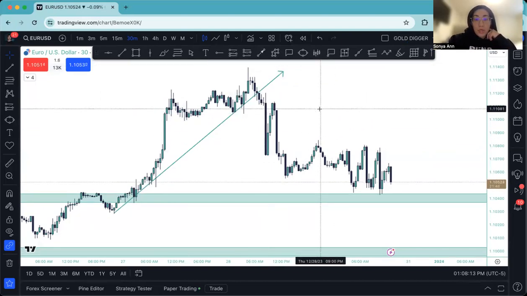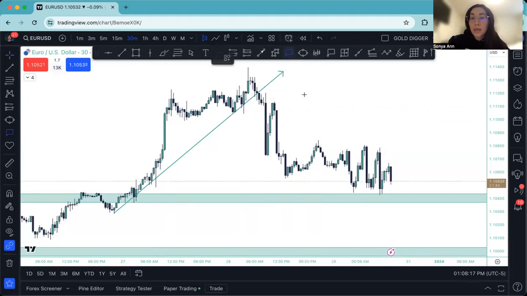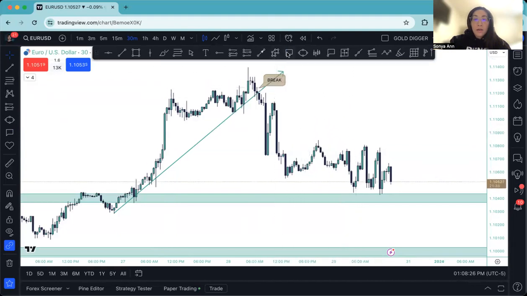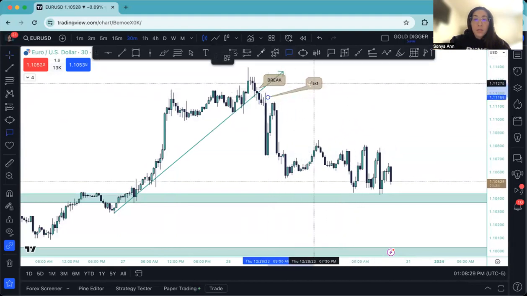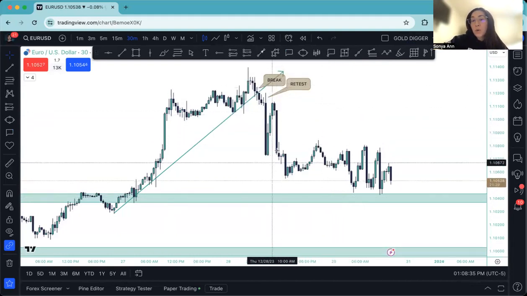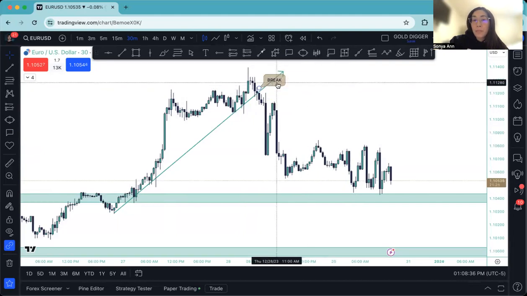If you want it to look a little bit prettier, you can use the callout right here. Hit break, use the callout for this, and say retest. So do that.